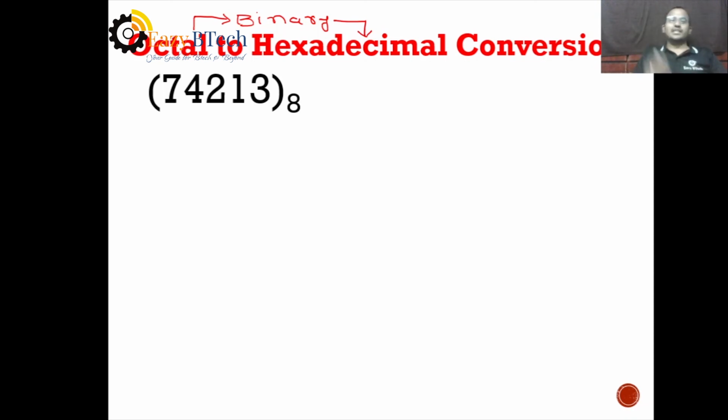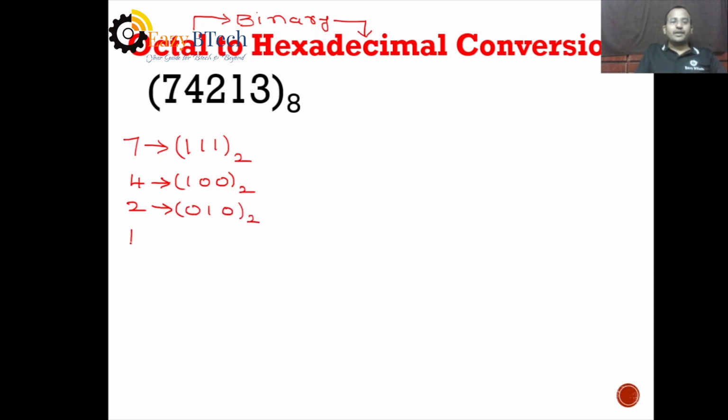So for 7 the corresponding binary equivalent is 111, and for 4 it is 100, for 2 it is 010, for 1 it is 001, and for 3 it is 011, right?